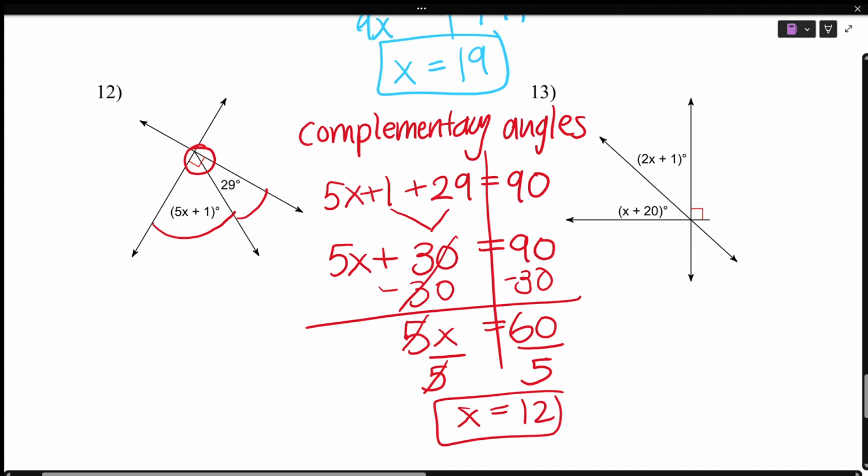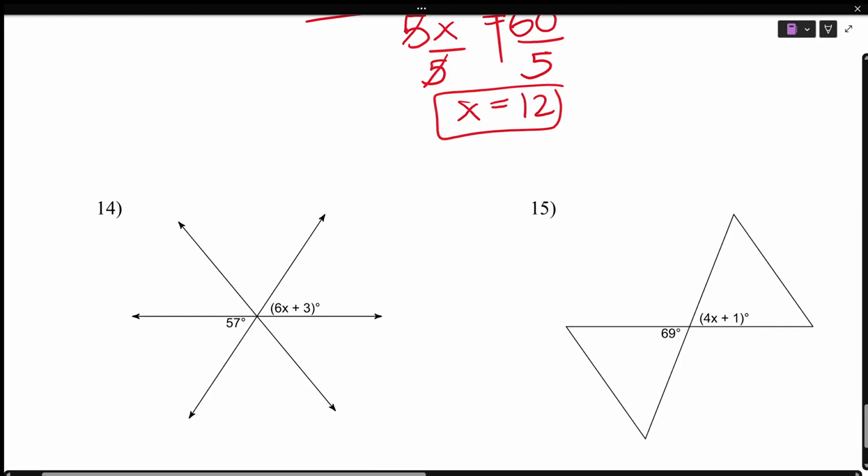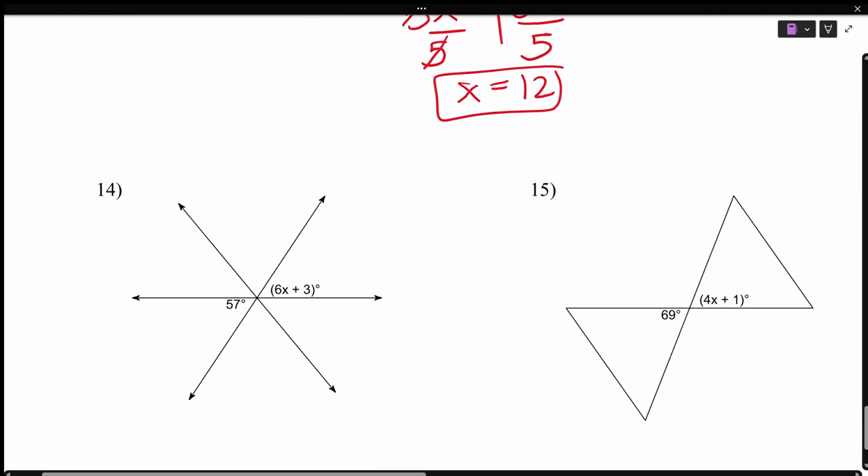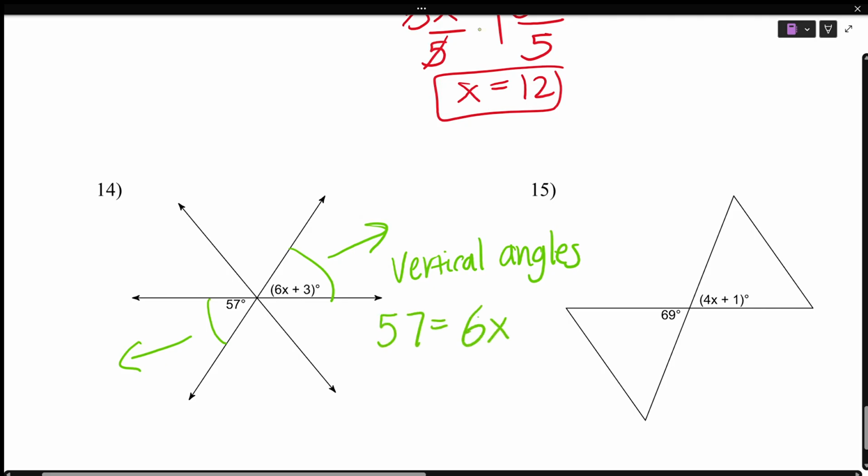Okay. Alright, last one here. We have these two angles, right? These two angles right here, 57, 6x plus 3. These are vertical angles. These are opposite from each other. So vertical angles, since they are opposite from each other, we know that they are congruent. So all you have to do is just set them equal to each other.